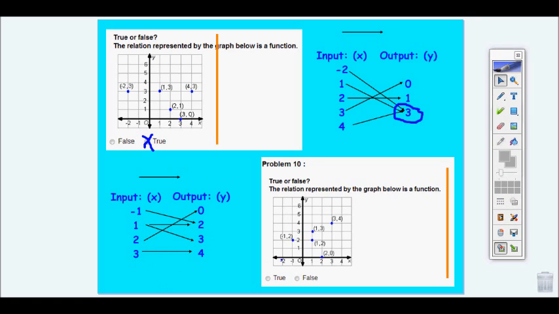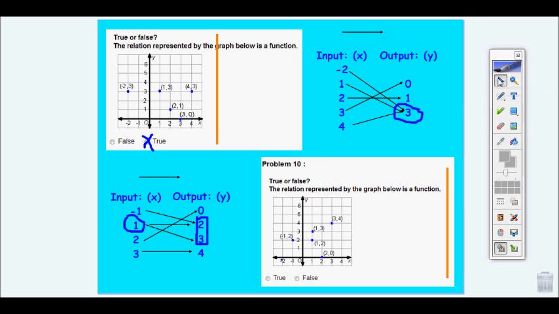If I'm looking at just the mapping diagram, I notice that my input 1 is going to 2 separate outputs, 2 and 3. Each input has to have 1 output, so I'm going to say that this is not a function.